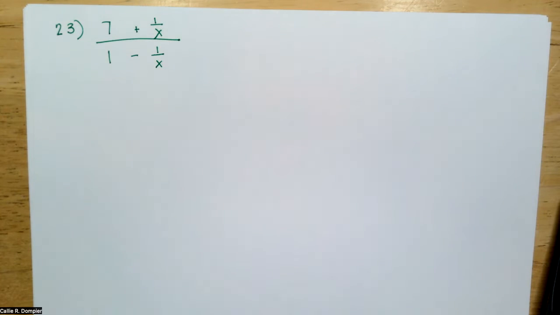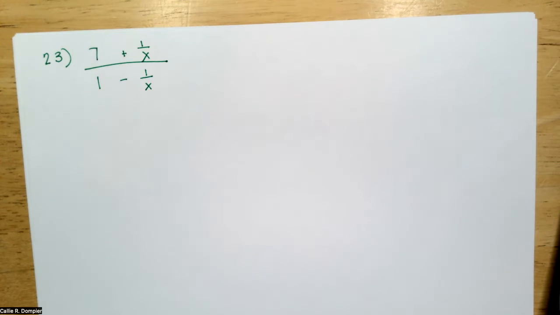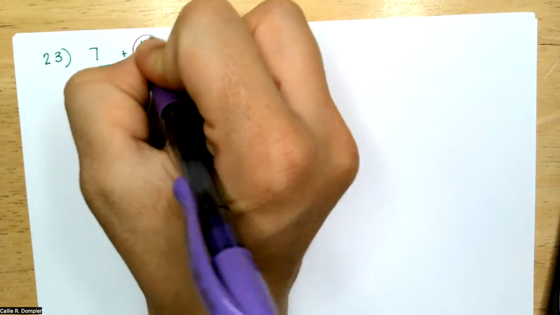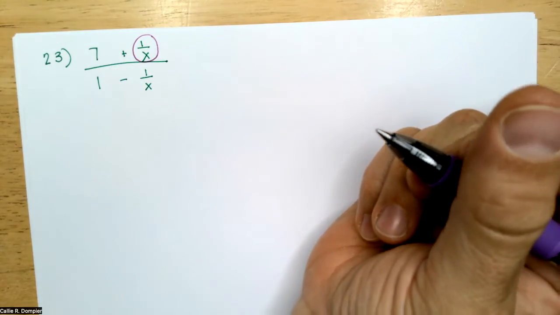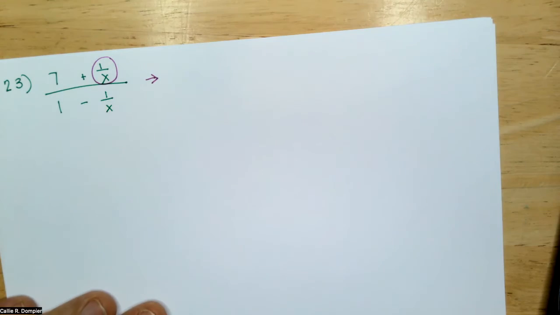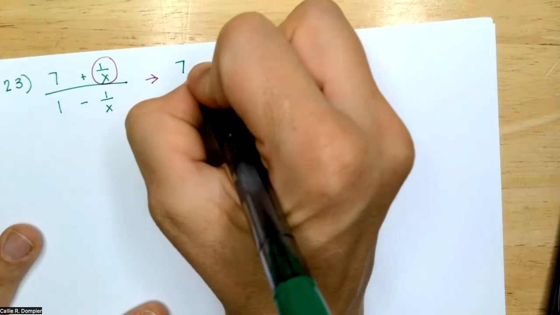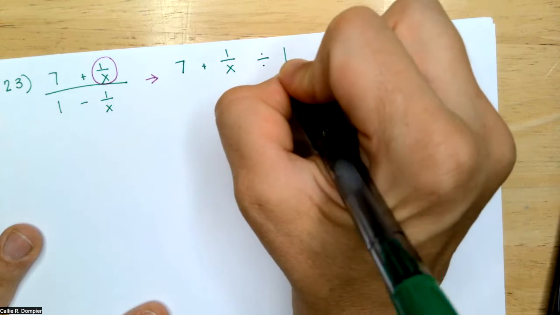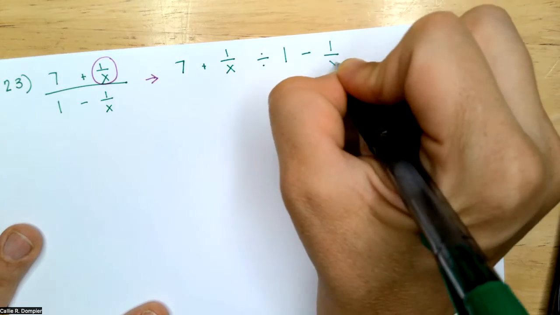This is not exactly the way that my math lab explains it, but the way I look at it is I don't want a fraction in my fraction. I want to get rid of this fraction. Okay. So if I'm just looking, and you can write this horizontally too, you can write this as 7 plus 1 over x divided by 1 minus 1 over x.